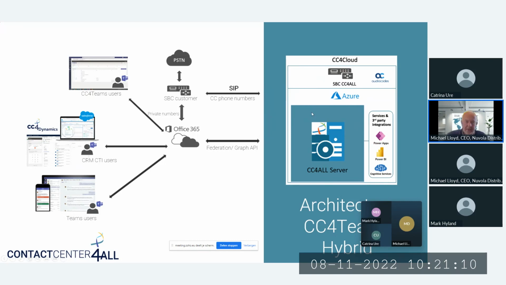Then you can tell the caller, hey, you're first in line, or the average waiting time is now 2 minutes. If you want to wait, hold the line, or press 1 to leave a voicemail. All these functionalities are added in our CC4 Teams cloud tenant, which is dedicated for the organization, for your customer.